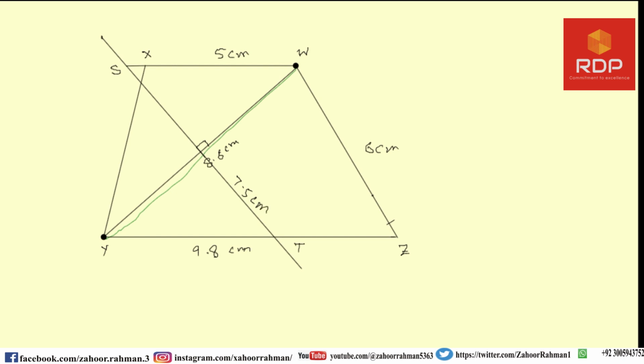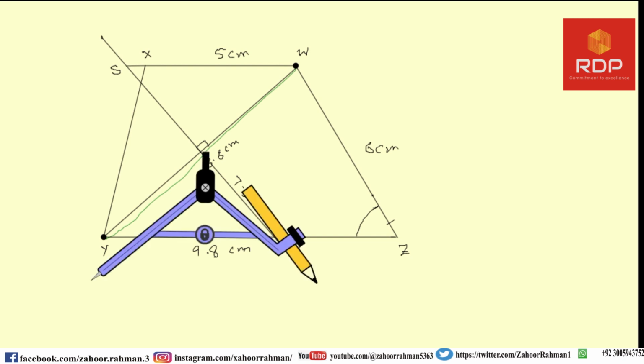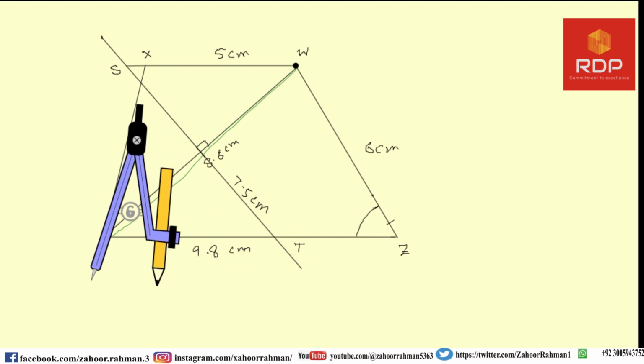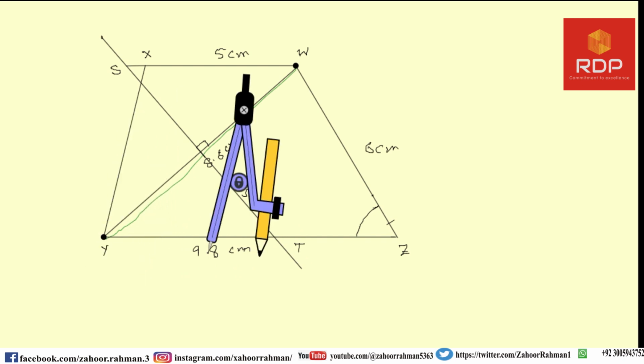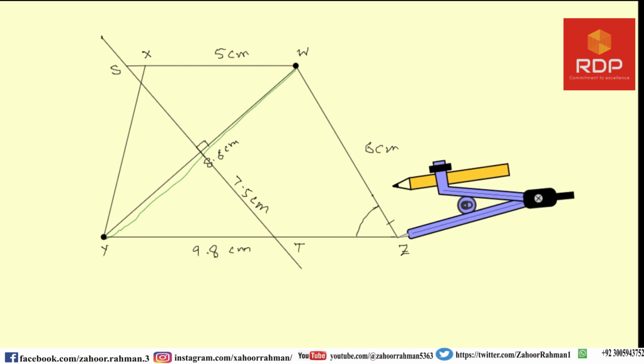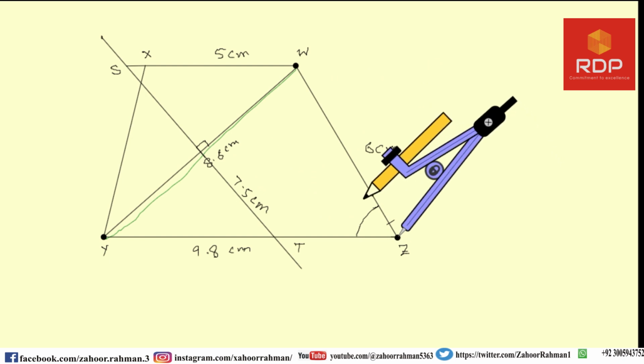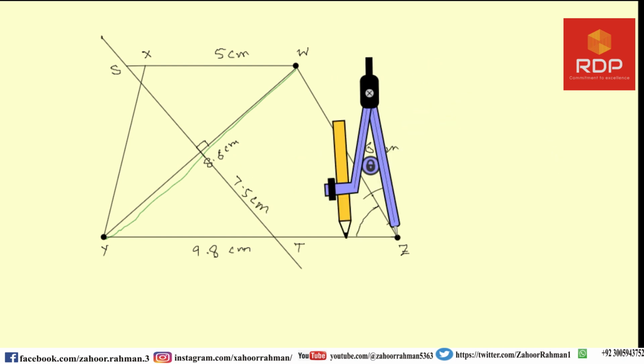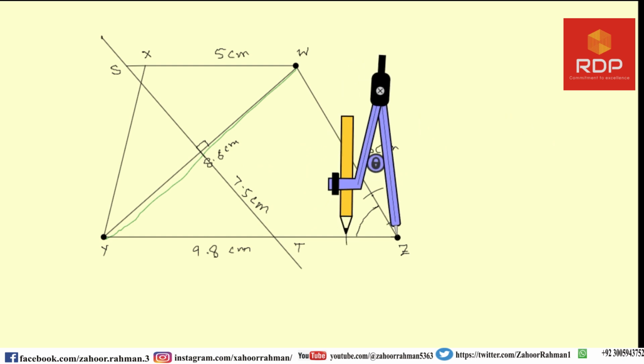Now the third part is saying construct the angle bisector of WZY, which is this one. So let us draw the angle bisector. Let me open this and bring it here and draw an arc at this position as well as in this position as well.